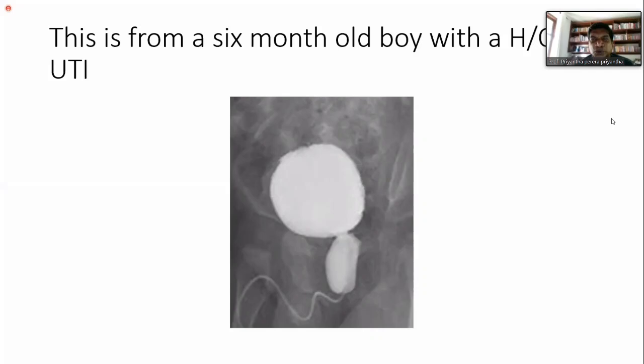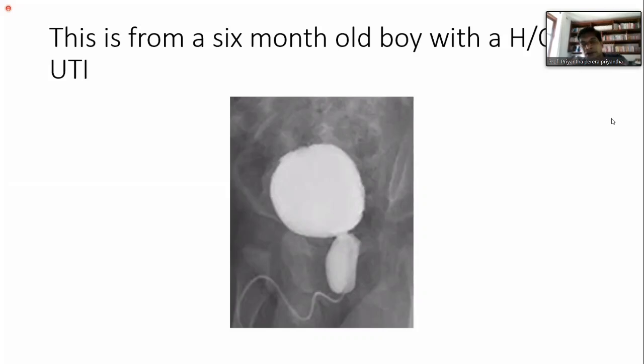IVUs we don't do much nowadays; they have been replaced by better investigations, but occasionally we do IVUs. In an IVU, you take X-rays as a control film and then at 1, 5, 10, and 30 minutes, and in between if indicated. So in an IVU, you take X-rays at certain times after injection of the dye.